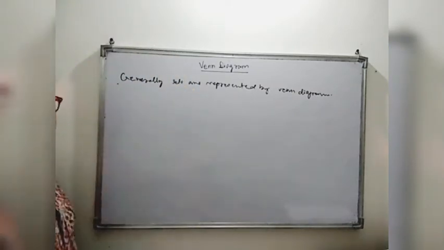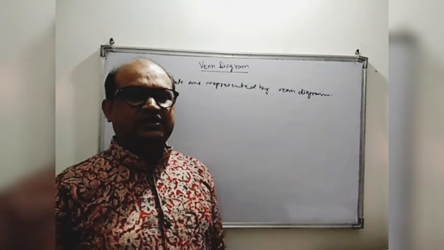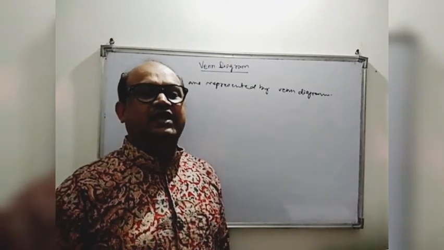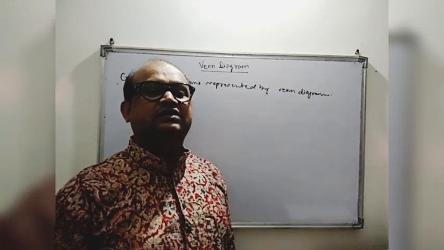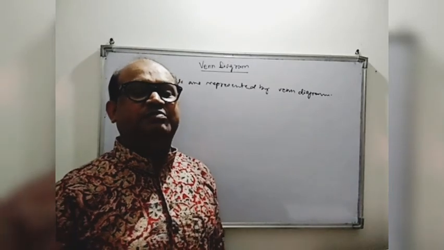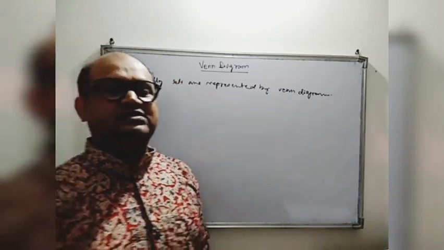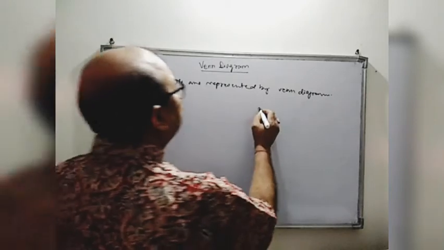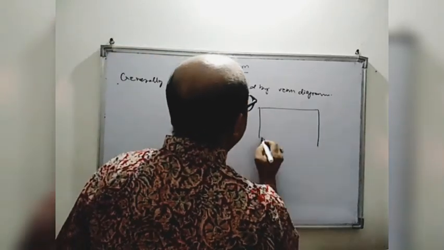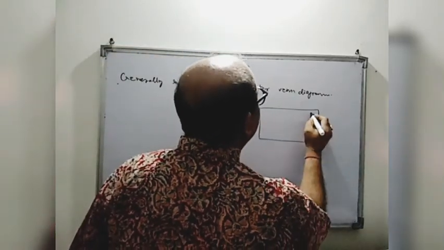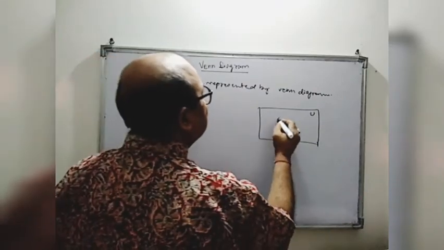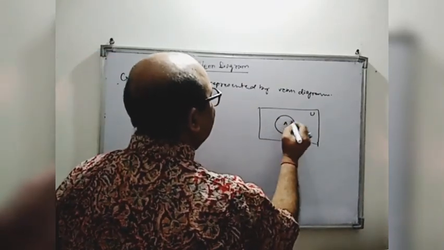Usually the universal set is represented by a rectangle, and other sets, that is the subsets of universal set, are represented by circles. So this is the universal set, and this is a subset of universal set.